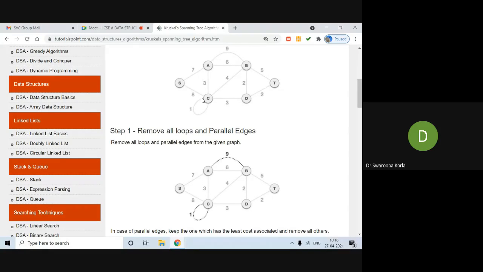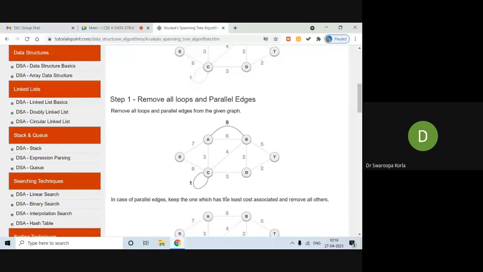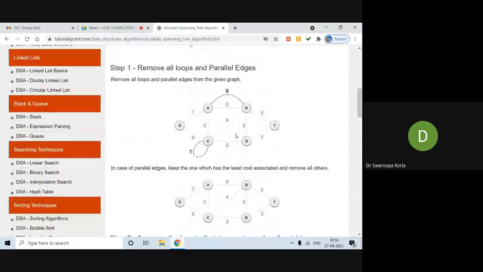And first step is you need to remove the loops. Don't worry, you can remove the loop as it is. No issue. It doesn't affect our MST. See, how you can remove is first you represent the selected loop with a dotted line. And also you need to select your parallel edge with a dotted line.